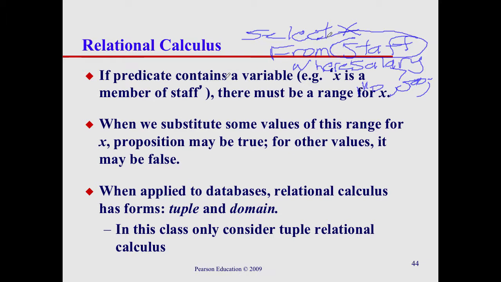So basically, X is a member of staff. So I could have said select X from staff X. So X would be my variable, and the range for X is all the tuples in staff. So then for each tuple in X, we're going to substitute in the values for that tuple, which is the salary field, and determine whether that predicate is true or false. Okay?